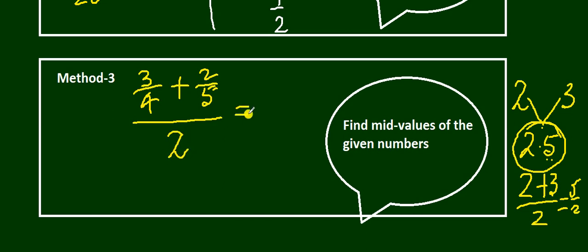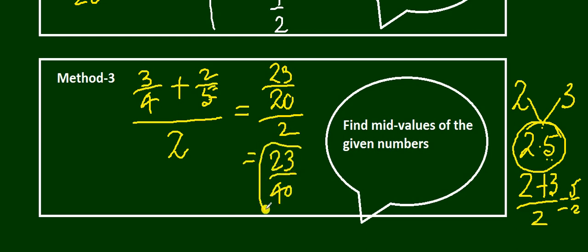This might be a slightly longer method than the previous one, because all this process will give you just one number. My LCM is 20, so 15 plus 8 is 23 over 20, divided by 2 gives me 23 over 40. This is the number which lies exactly between 3 over 4 and 2 over 5.